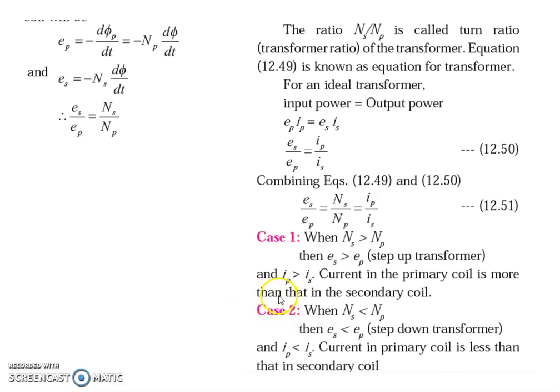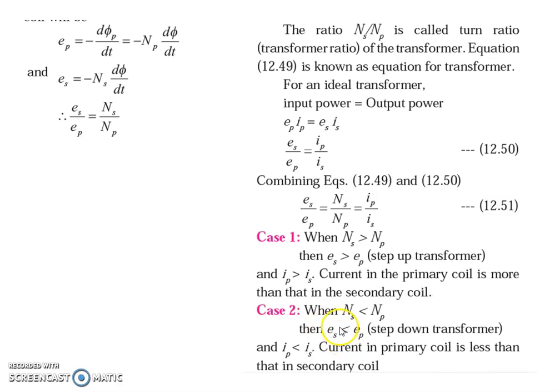Now look at case 2. When the ratio Ns upon Np is less than 1, or in other words, when Ns is less than Np, that is, the number of turns in the secondary coil is less than the number of turns in the primary coil, then Es is also less than Ep.